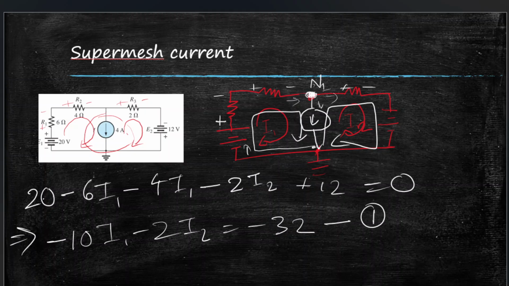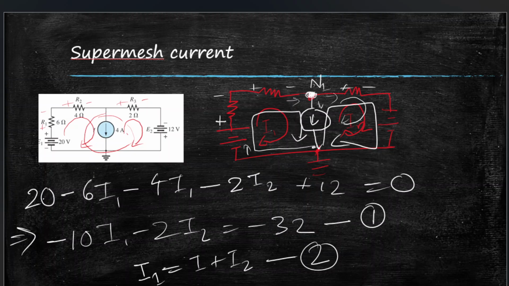If we use this N1 as the reference point, then we can see that loop current I1 is entering the node, the main current source I is exiting the node, and loop current I2 is going this way, so it's exiting the node. So we can write loop current I1 is equal to I plus I2. This is entering the node, exiting the node, and this is our equation 2.